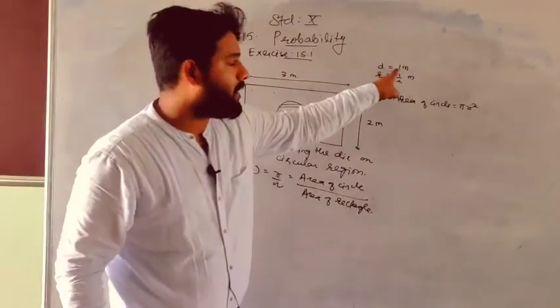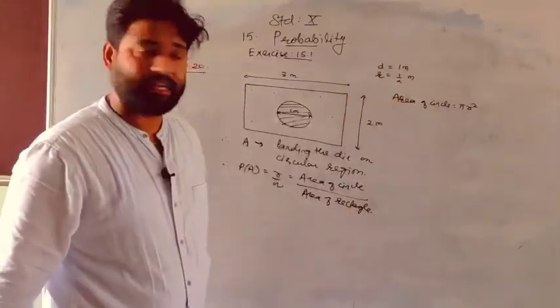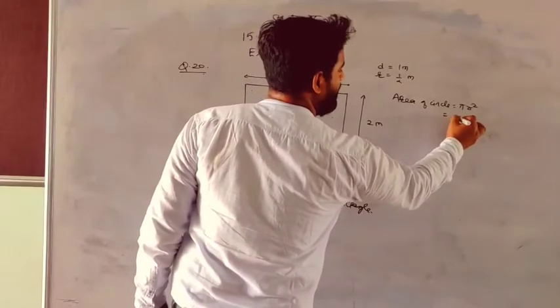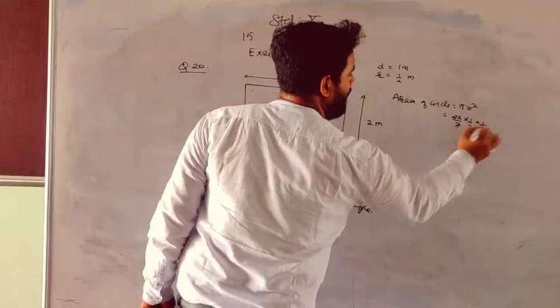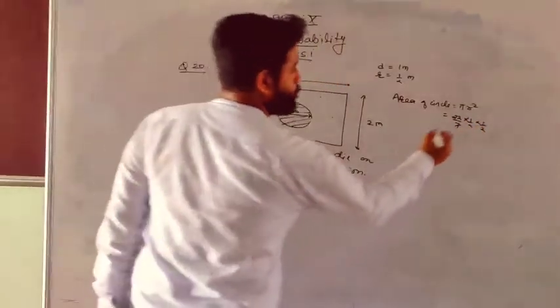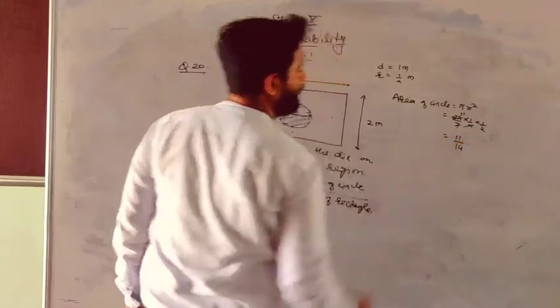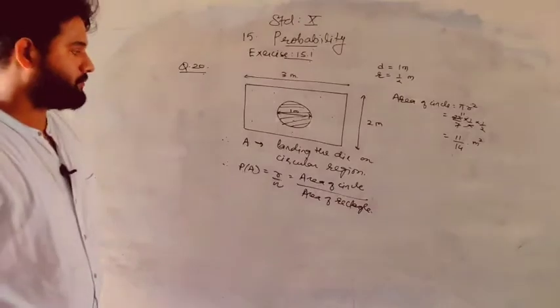Why radius? Because the area of the circle is pi r square. So I'll keep pi as 22 by 7 and r is 1 by 2. So 1 by 2 into 1 by 2, because square is there. So 2 11s are 22, so 11 by 14 meter square is going to be the area of the circle.